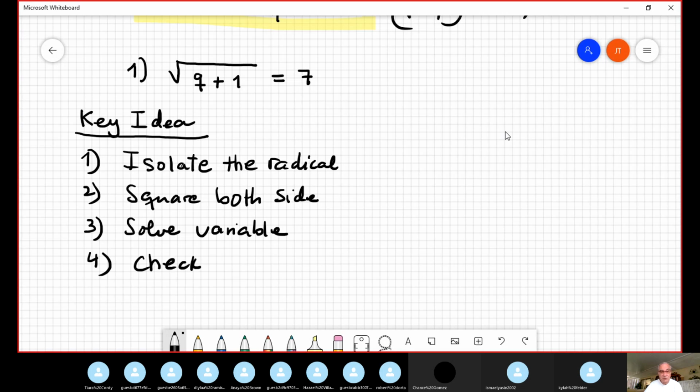It's mandatory. The rest of the equation that we studied before, the checking part is not strictly mandatory. In this case, yes, it's mandatory because sometimes we have extraneous solution. You see in the example.